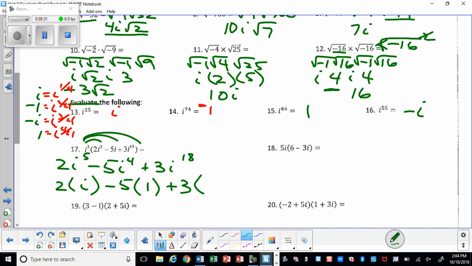Let's see, if we divide by 4, we have a remainder of 2, so that would be 2/4, so that would be -1. Okay. So I get 2i minus 5 minus 3. So that equals -8 plus 2i.